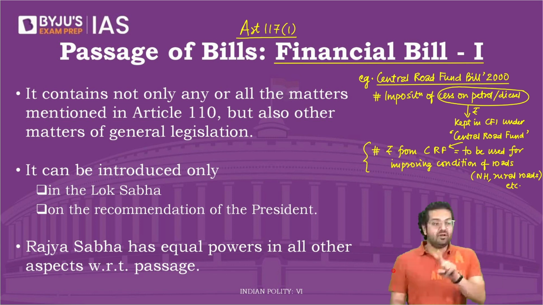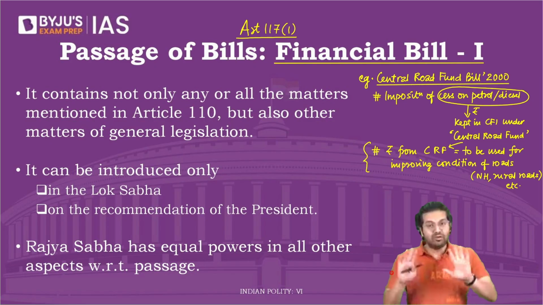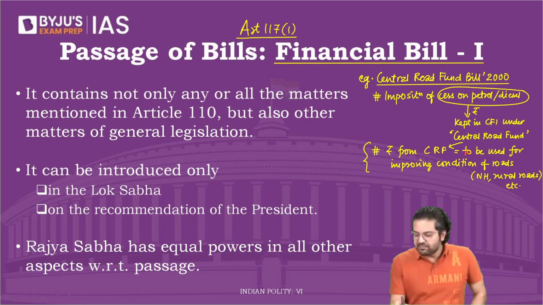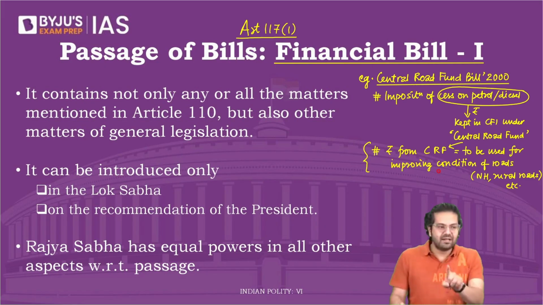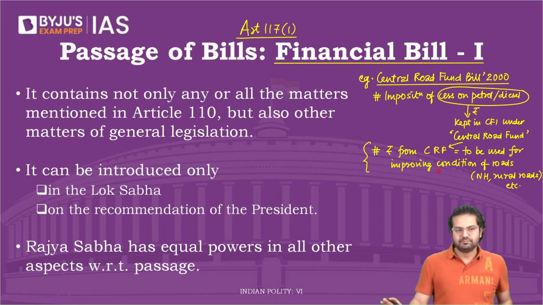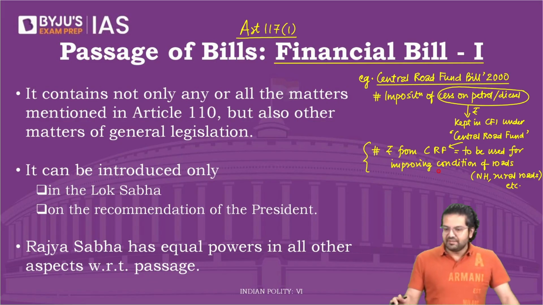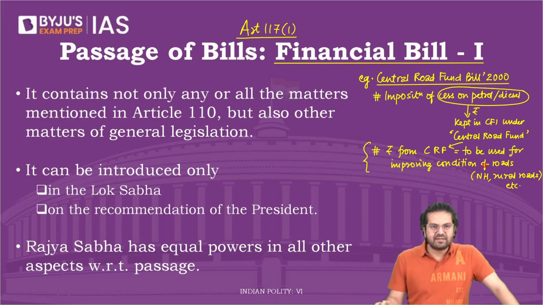Strict definition of Article 110, nothing beyond, not your own assumption that yes, sir, money is being spent here. No, I am saying, is this mentioned anywhere under Article 110? Tell me, definition. Does it talk about imposing a tax? Does it talk about custody of CFI? Does it talk about guarantee from government?